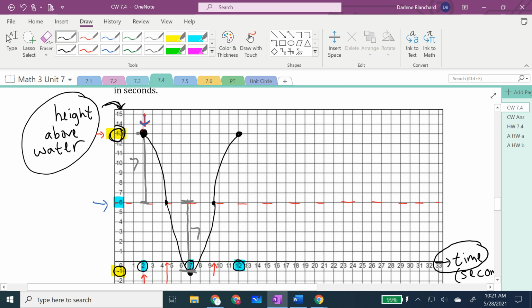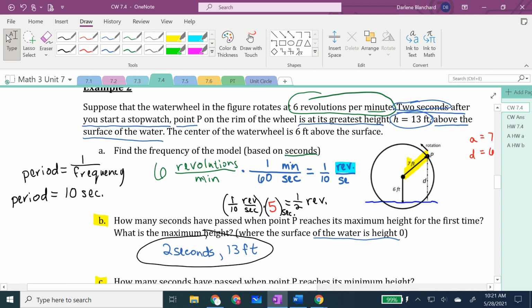So we're allowing time to just roll itself out. And we're watching that one point on the edge of the water wheel is above the water at 13 feet above the water. And then it heads down until we are 1 foot under the surface of the water. And then we come back up until it reaches again that height of 13 feet above the top of the water. And now look at that wheel.